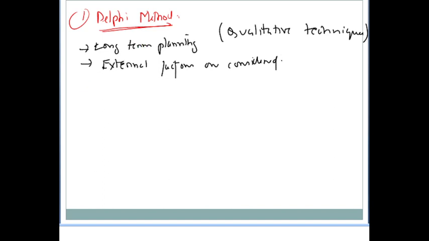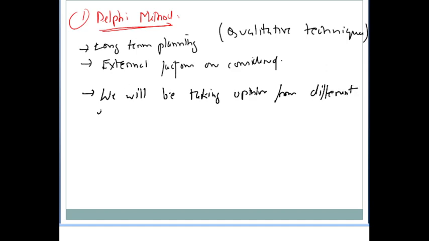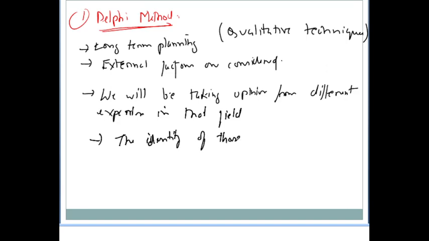In case of Delphi method, we will be taking opinion from several experts in that field, but however the identity of these experts are kept hidden from each other.